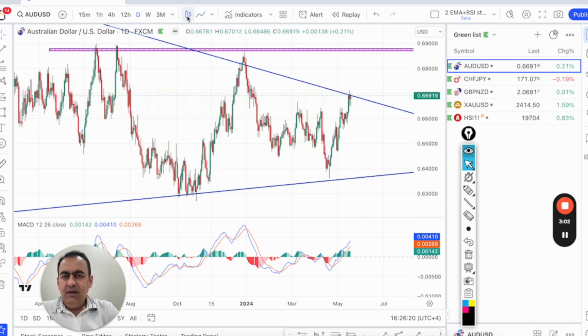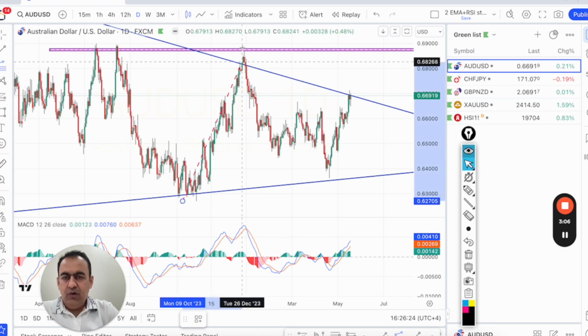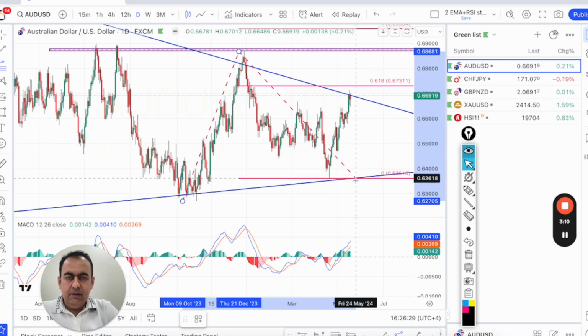I can easily plot Fib extension here, connecting from the lowest point, joining the first high and the higher low which was formed after retracement.